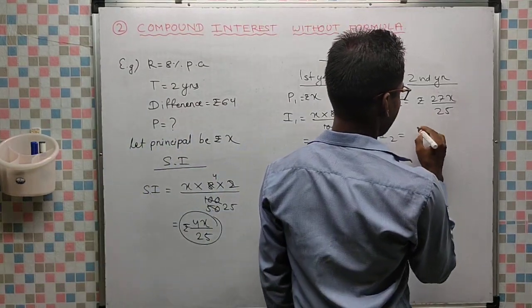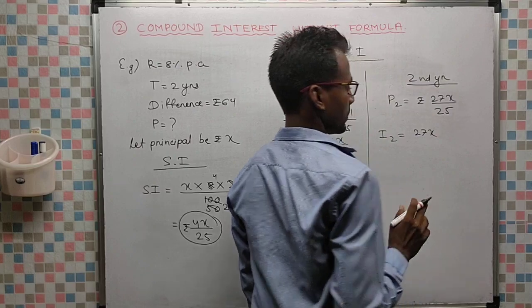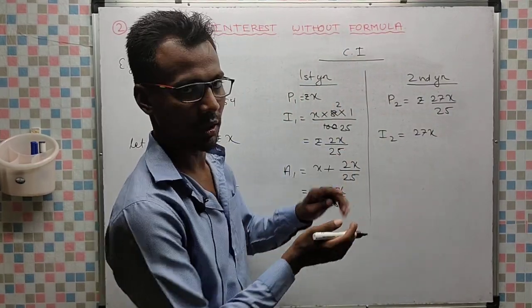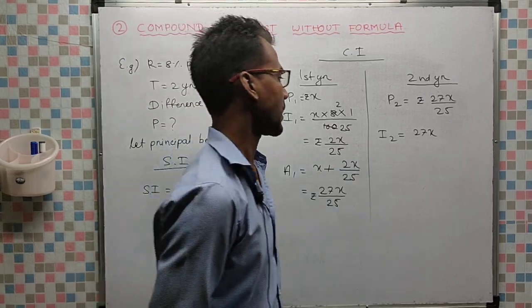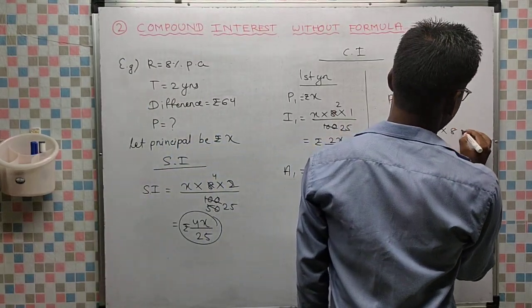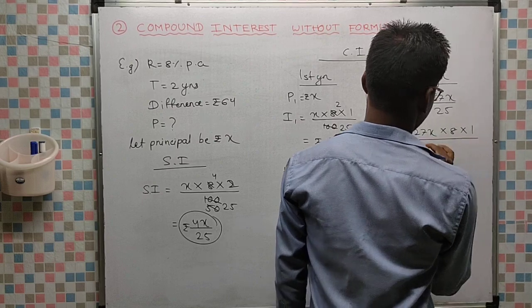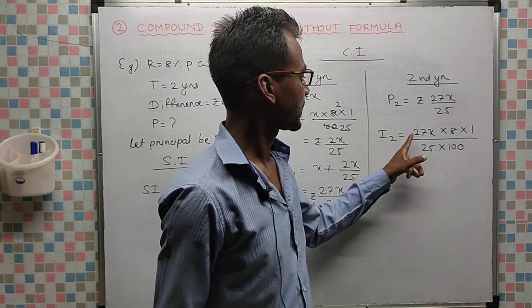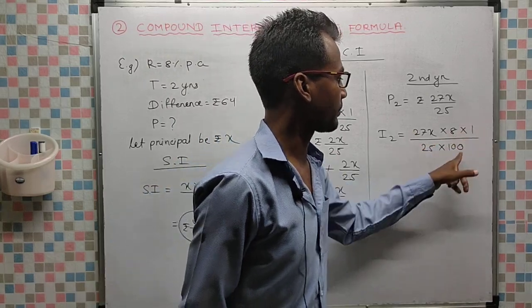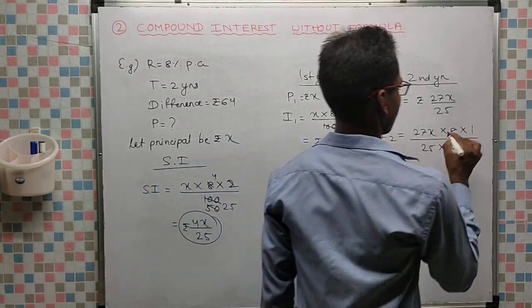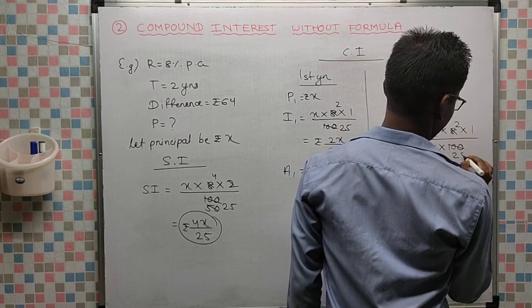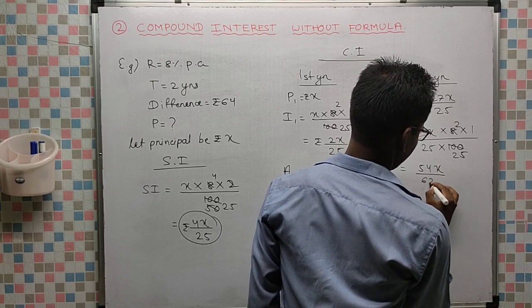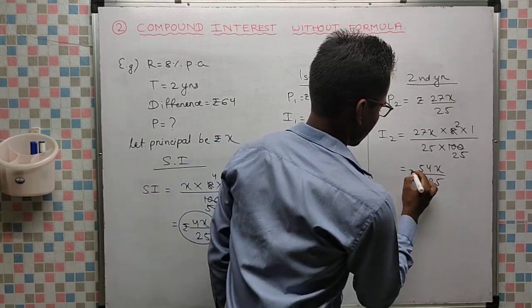I2 is equal to principal, that is 27x by 25, into rate 8, time 1, by 100. So this is 54x by 625 rupees.